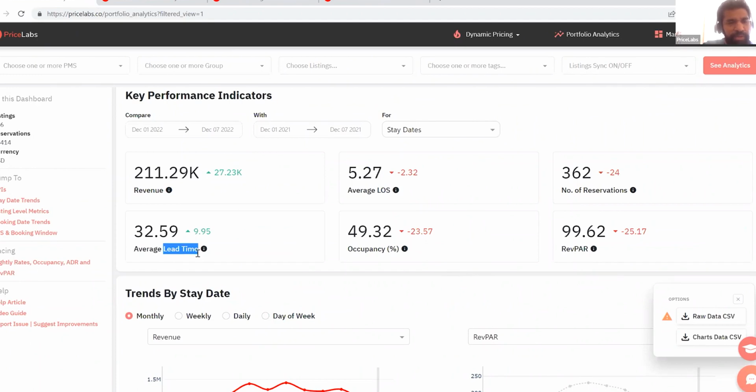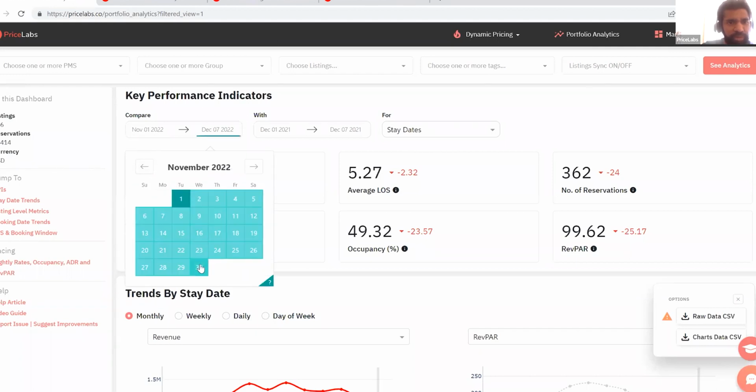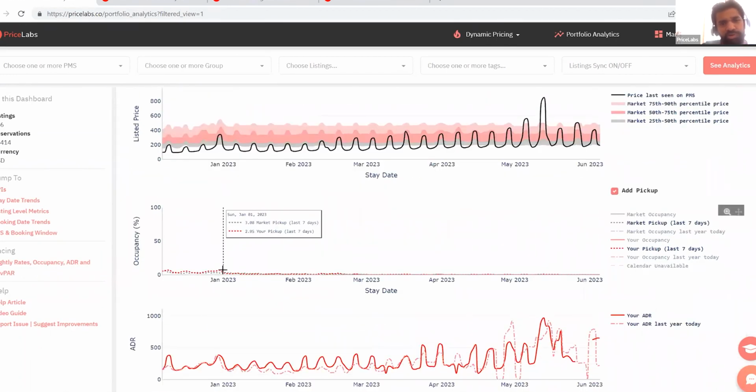But you can get a quick gauge by looking at it here, that, hey, it was 32 days. And if I just wanted to look at it in November, it was 27 days. So if my lead time was 27 days, and if I come back here, I'm not super worried about my pacing. If I'm pacing behind the market, if I have pickup behind the market outside of those 27, 30 days, because as I get closer to that booking window, I should start picking up. I don't want to pick up any faster. So yeah, that's use case number 3.